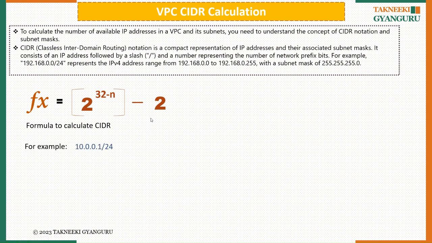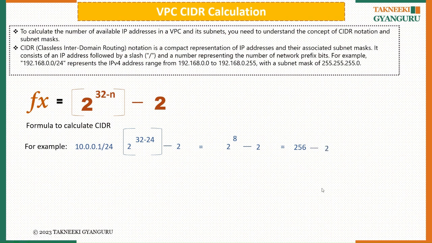For example, let's see we have 10.0.0.1/24. How can we calculate the IP addresses? 2 to the power of (32 minus n), where n is 24, minus 2. 32 minus 24 is 8, then 2 to the power 8 is 256, minus 2.